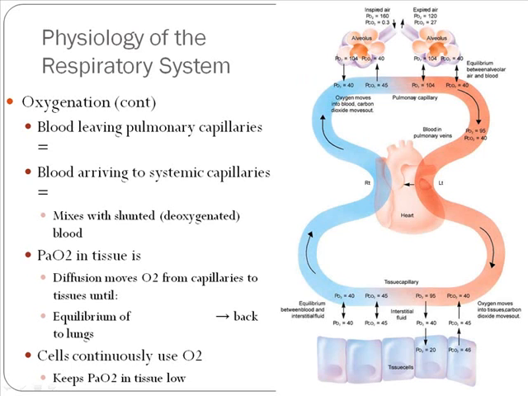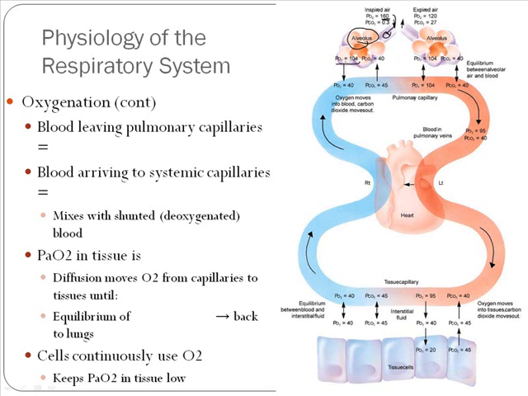Blood leaving the pulmonary capillaries. So we're going to look up here at our alveolus. Here's our alveolus right here. If you look at the PO2, we have our PO2 at 60 millimeters of mercury. Now, as it goes down into the lungs, it is going to mix with other gases, humidity, carbon dioxide, that kind of stuff. Now our PO2 is down to 104.